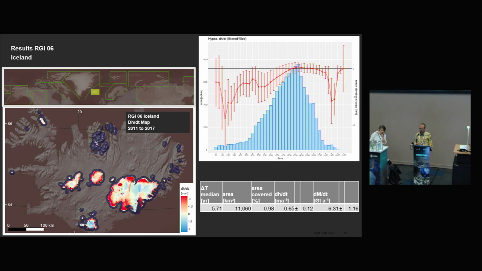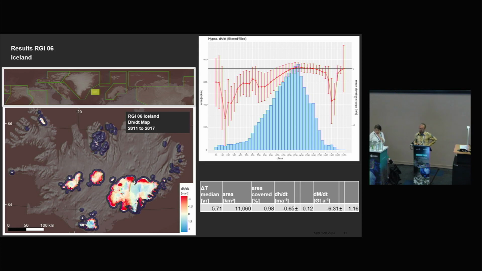Iceland has this particular distribution of glaciers on these ice caps on craters, where you see that the elevation change signal, particularly here, is very much more negative towards the margins of these ice caps. So you see in the hypsometric distribution that the mass losses we see here are very large, and they also exceed the color bar that I put here.